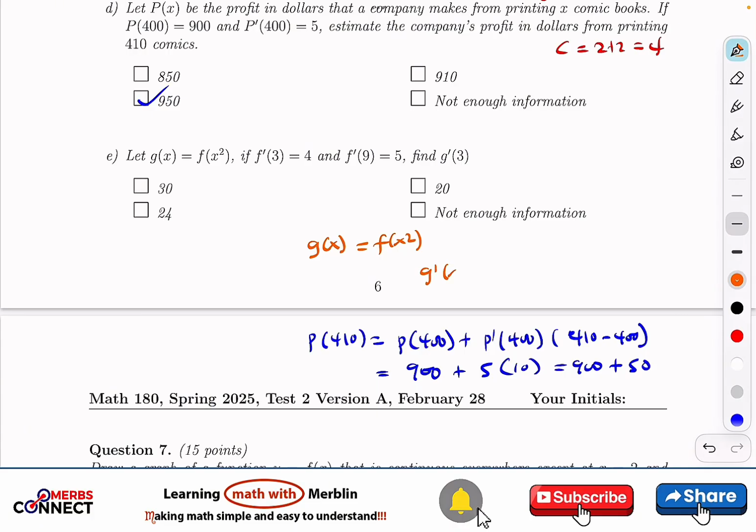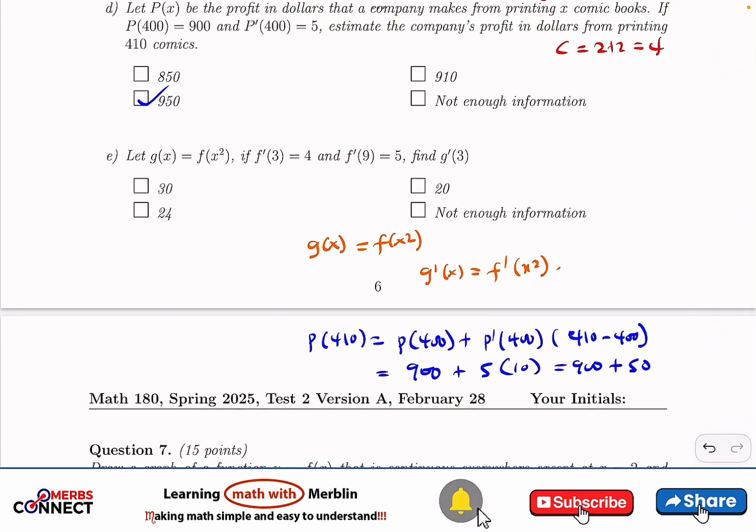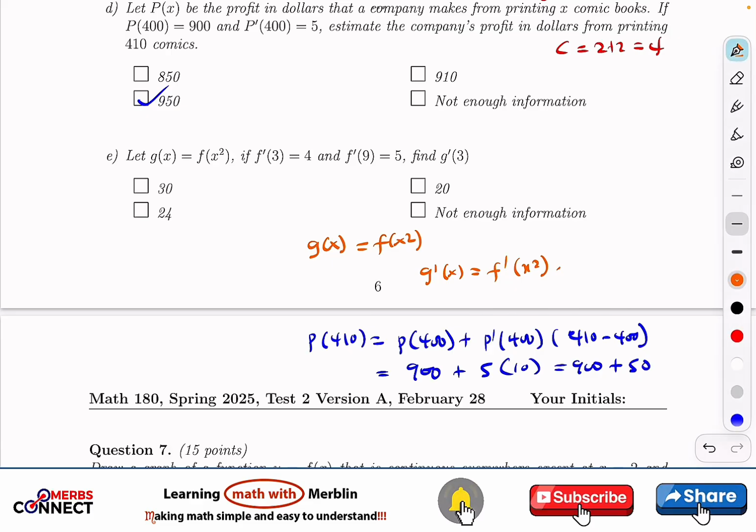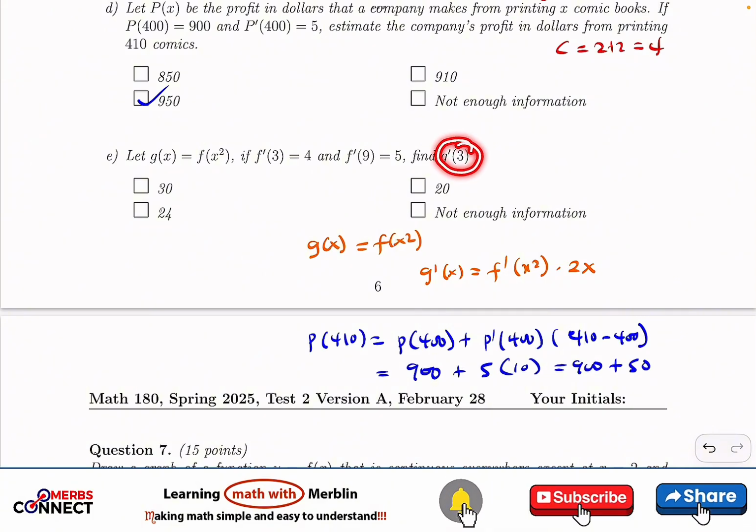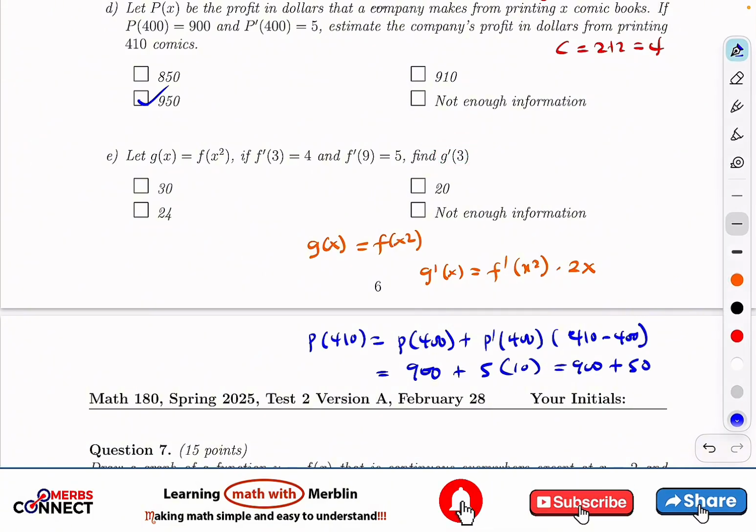So g prime of x will be equal to, so the outer function is f, so we differentiate f, maintain x squared, times, now you differentiate what is inside, x squared, giving us 2x. Then now we are looking for g prime of 3, so let's do direct substitution from here.